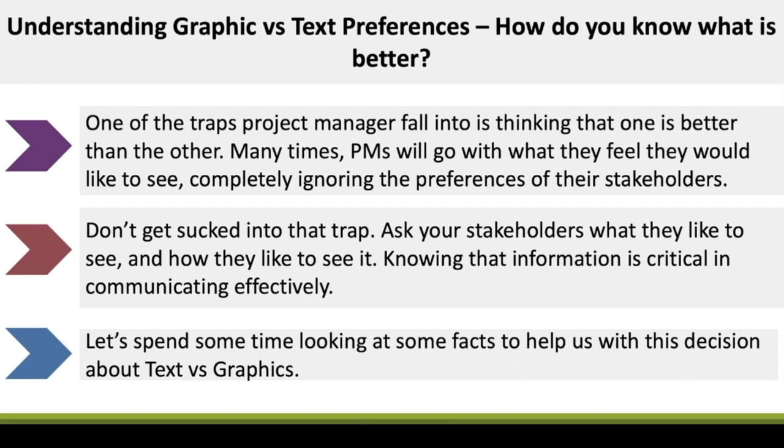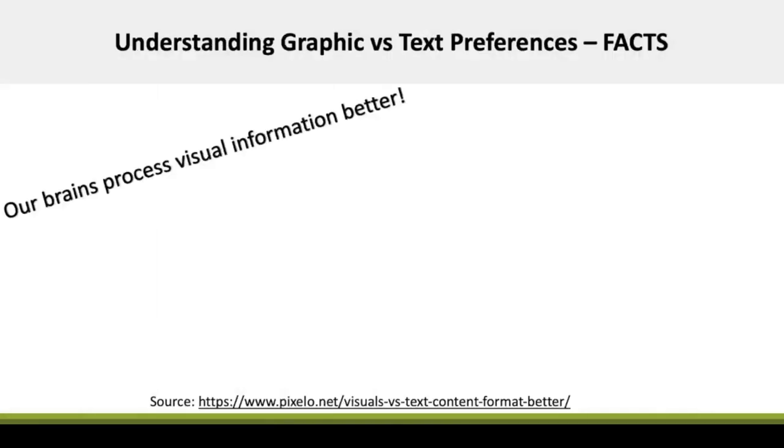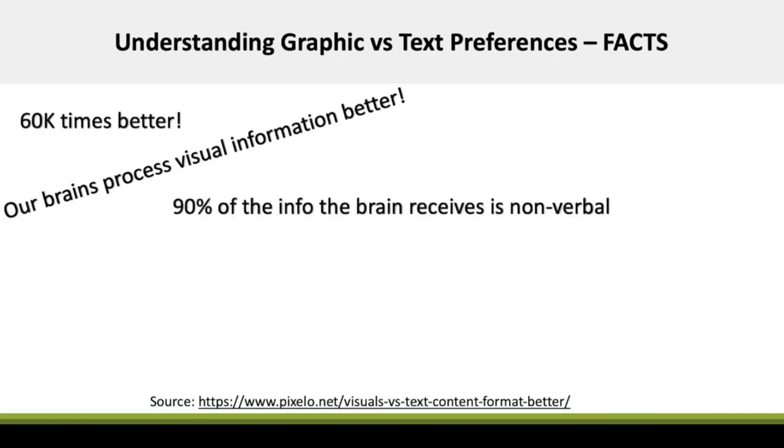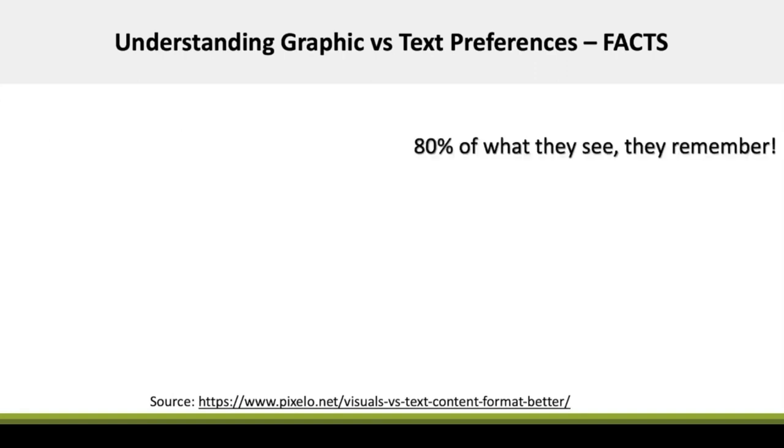So let's spend some time. Let's look at some facts and decisions around text versus graphics. Okay? Our brains process visual information better. Fact. 60,000 times better. 90% of the info the brain receives is nonverbal. Okay? 80% of what they see, they remember.